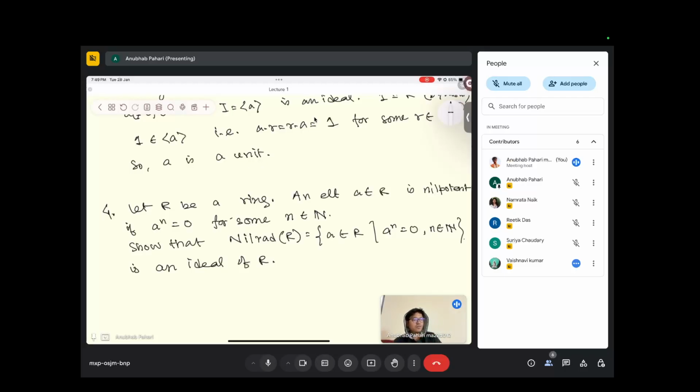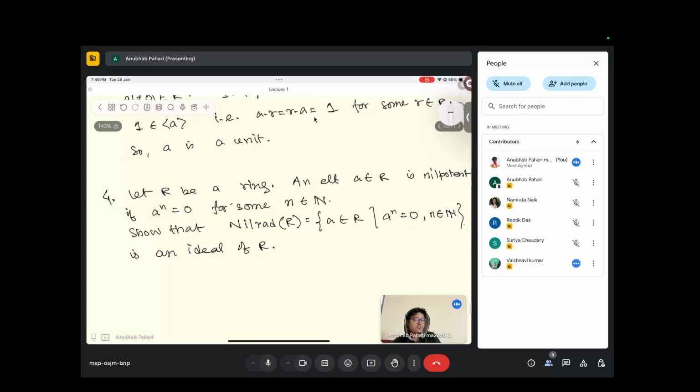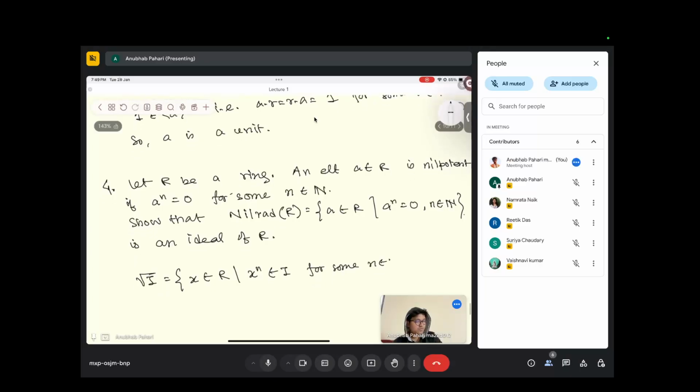So you have already been introduced to the radical of an ideal, right? Radical of an ideal is all x belongs to R such that x^n belongs to I for some n in the natural numbers.